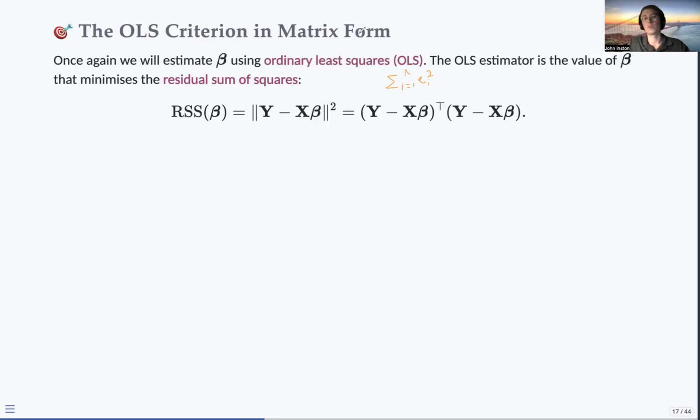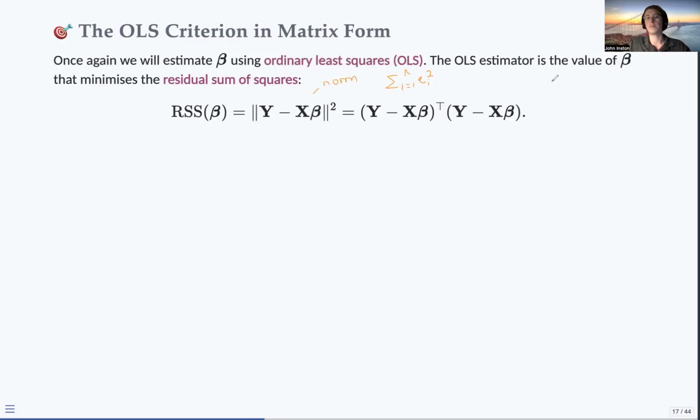In terms of what this notation means, the two vertical bars are the Euclidean norm. Just like the standard norm that we use in linear algebra is the Euclidean norm.